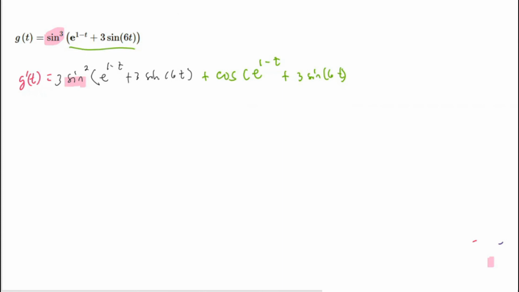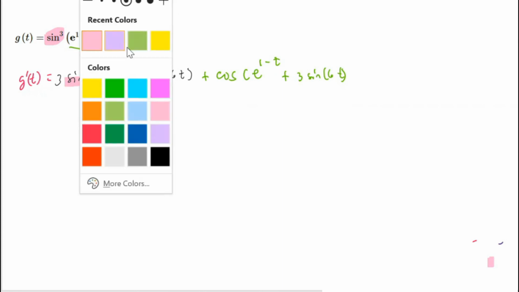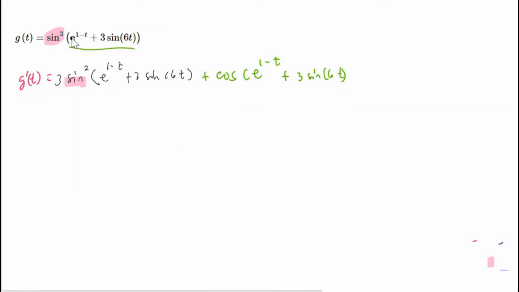Now, after that, we still need to take the derivative of the angle. Since it is a binomial, we take the derivative term by term. On the first term, we have e raised to 1 minus t, and then take the derivative of the exponent, because we know that the derivative of a raised to u is a raised to u times du.